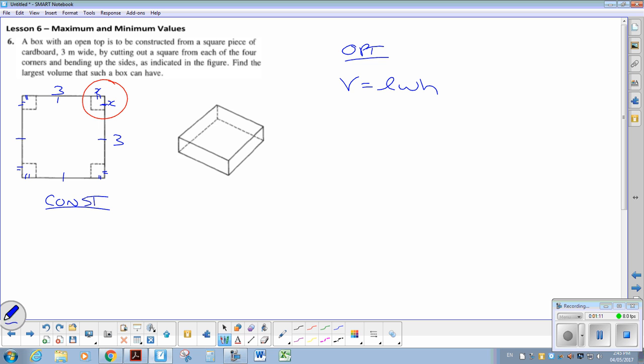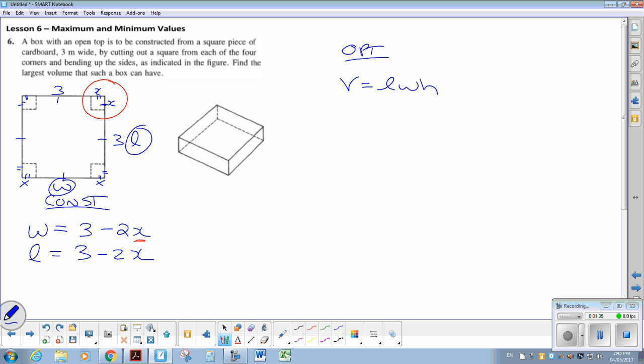So for example, if we look at, let's call this the width, our width will be 3 meters minus 2x, because we're going to cut an x here and an x here. So the reason it's a constraint equation is because we don't know how much we're cutting out. Similarly, if I look at the length, length is also 3 meters minus 2x.